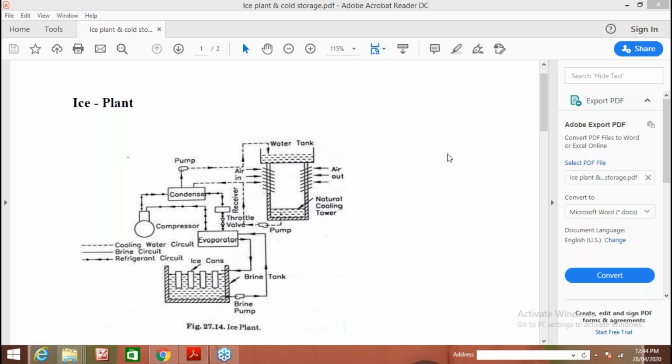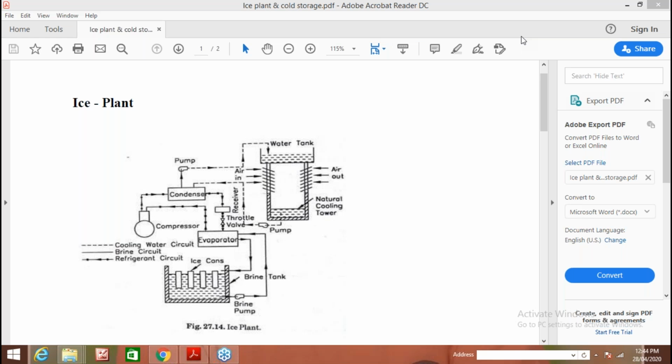Firstly, in the evaporator, the refrigerant will take heat from the brine, and that cold brine goes to the tank for formation of ice. A can of water is there, inside the ice cans. So as the temperature of the water inside decreases, when it reaches 0 degrees Celsius or below, the formation of ice takes place.